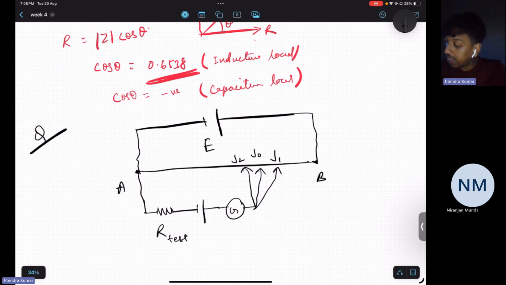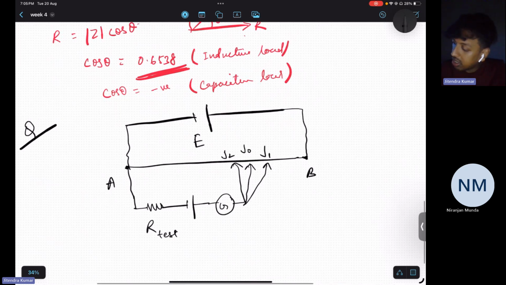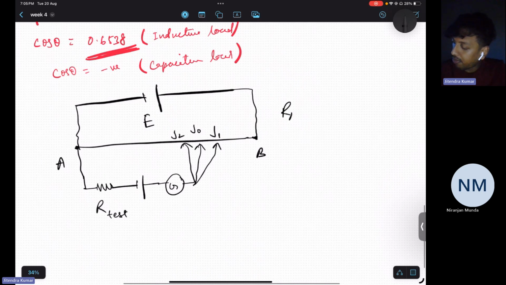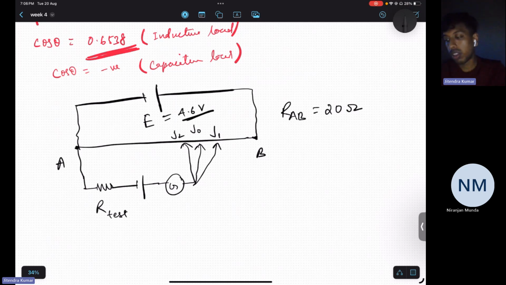Resistance of this wire AB, RAB, is given. How much? 20. Now supply voltage E is also given, that is 4.6 volt. Similarly, R test is also given, that is 11 ohm, and E test is also given as 1.3.